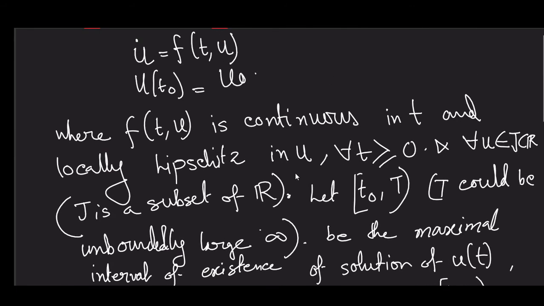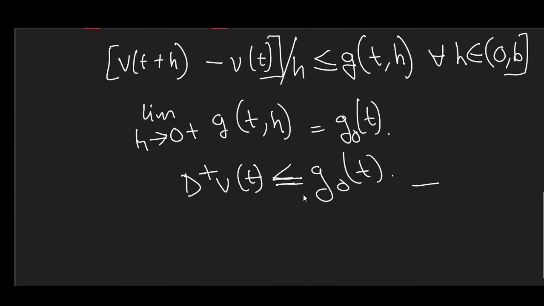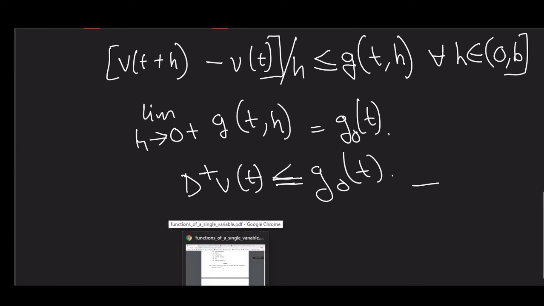Actually, if we go back, you will see that in our derivation we are happy with D plus of some value, where h approaches 0 from the upper side, but here our target is not only this. This much is sufficient, meaning if you can understand the meaning of this, that is sufficient to understand the idea of the comparison lemma.